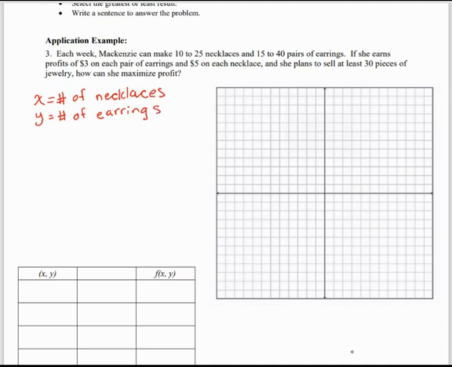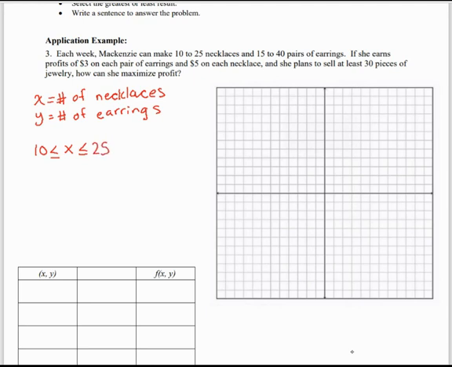Okay, so I've defined my variables. Now we need to determine what the inequalities and constraints are. So it says Mackenzie can make 10 to 25 necklaces. So she's not going to make less than 10 and she's not going to make more than 25. If necklaces are X, that means one inequality will be that the amount of necklaces has to be greater than or equal to 10, but less than or equal to 25.